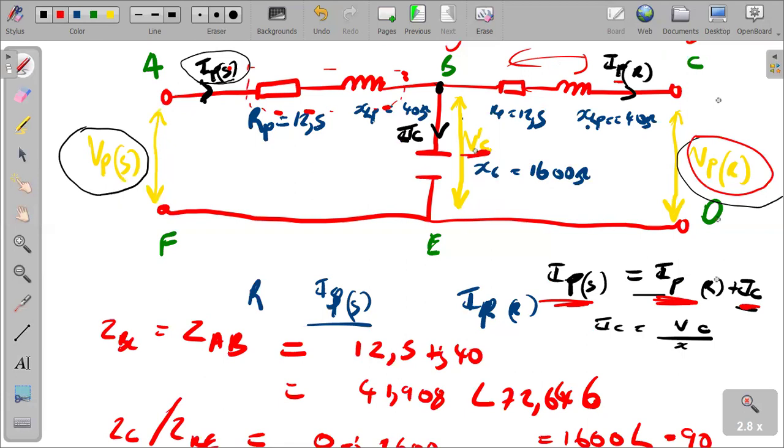Logic might try to deceive you into thinking we are supposed to subtract VPR, because according to Kirchhoff's law the EMF in any closed loop is equal to the potential difference within that loop. Remember, we are going towards the direction where there are bigger values, so VC is bigger than VPR. So we have to say VC is equal to VBC plus VPR. That's where we are heading.